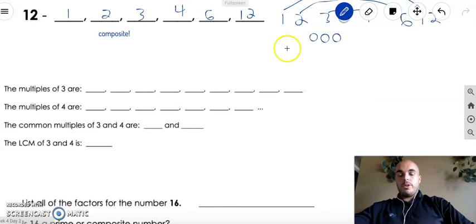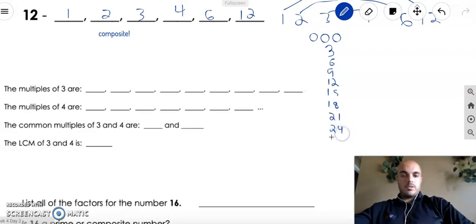Of course, if you can skip count by 3, you can fill this in, but I'm going to use this tree method as a good method for this. So I have 3, 4, 5, 6, 7, 8, 9, 10, 11, 12, 13, 14, 15, 16, 17, 18, 21, 24, 27.